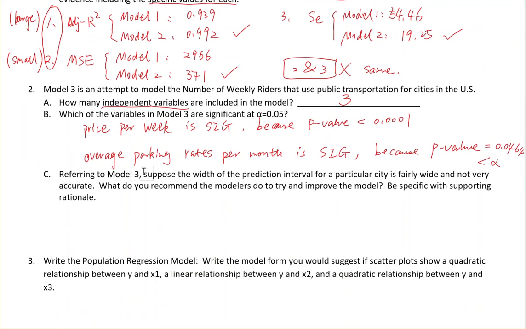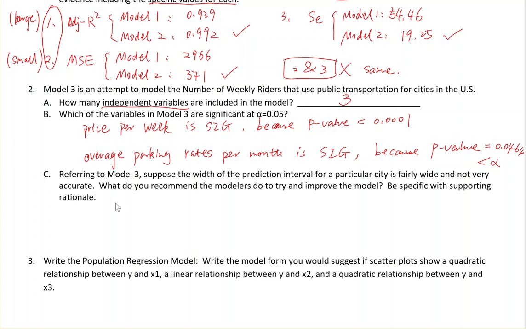Referring to model 3, suppose the width of the prediction interval for the particular city is fairly wide and not very accurate. What do you recommend the modelers do to try and improve the model? Be specific with the supporting rationale. Okay, so this question is an open question.